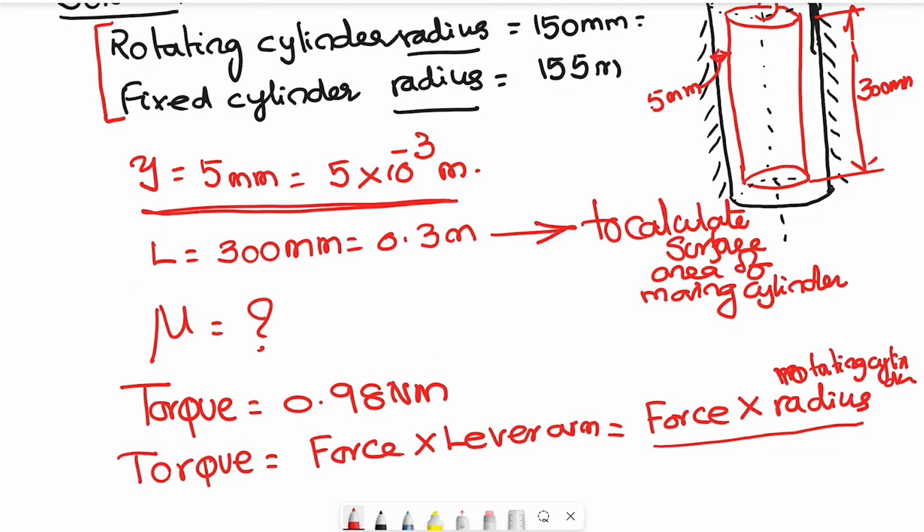Otherwise, the fixed cylinder is not used for any calculation. The fixed cylinder radius or diameter is required only to calculate the y value. Please remember, L is required only to calculate the surface area. But the torque he has given is to calculate the force.